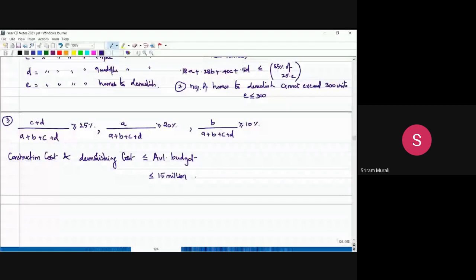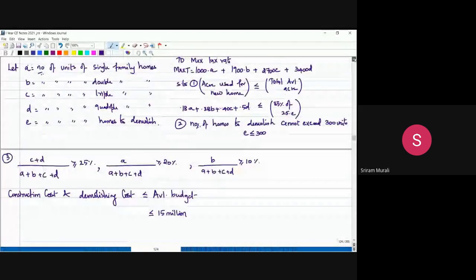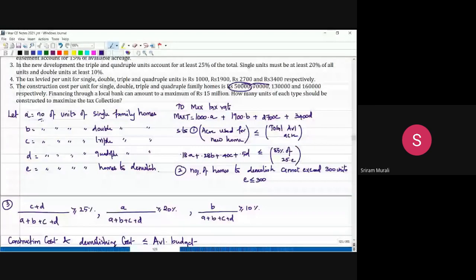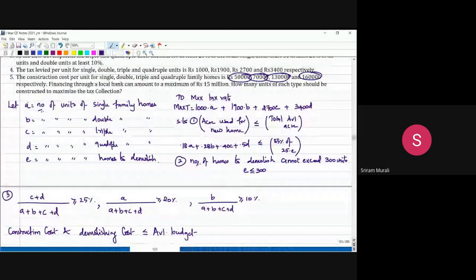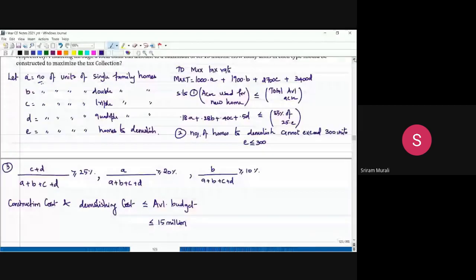What is the cost of construction of a one-story building? 50,000, 70,000, 1,30,000, 1,60,000, plus the cost of demolishing. Per house it is 2,000 rupees, I suppose.